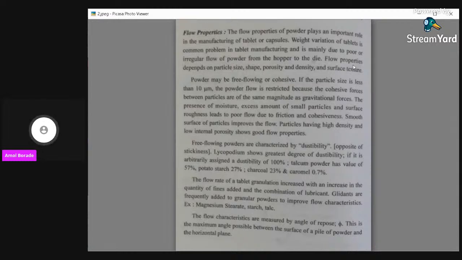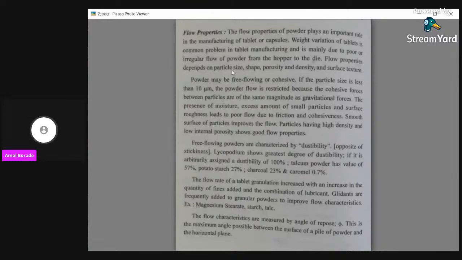Flow properties depend upon several aspects. One of them is particle size. These are the granules that we have prepared. Of which size are they? Are they uniform in size, or do they vary in size?